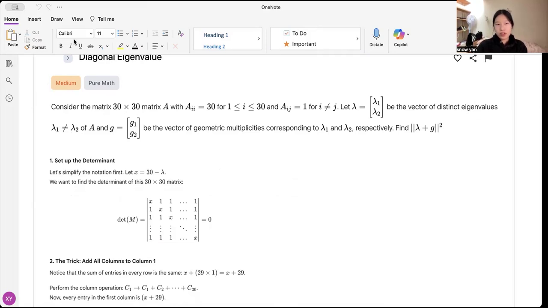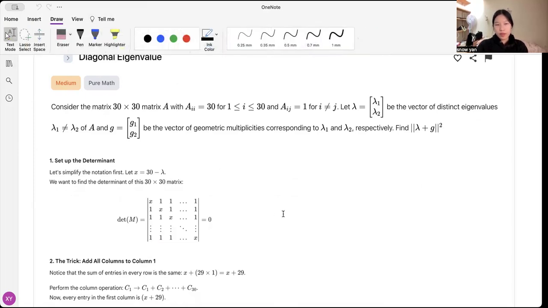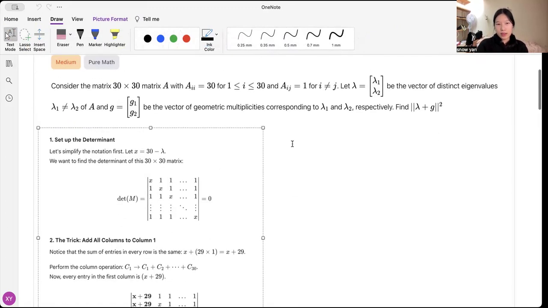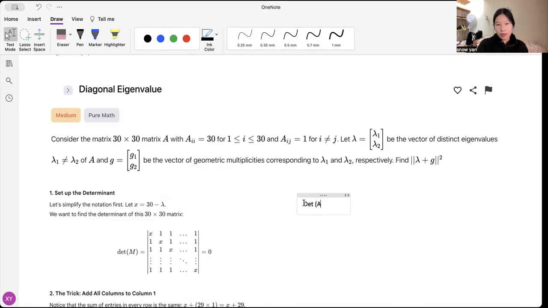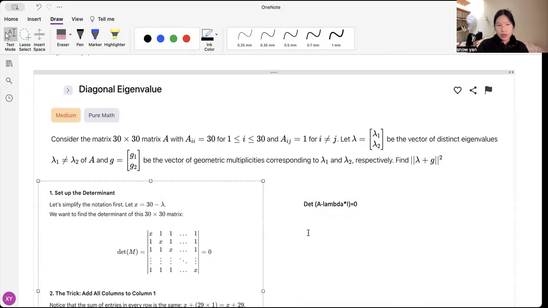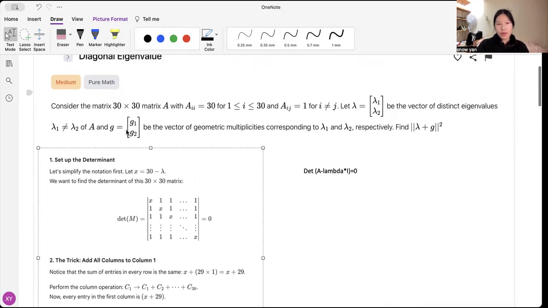My approach is the same as the last video: we use the characteristic equation, determinant of A minus lambda I equals 0. The off-diagonal entries are still 1, and on the diagonals we have all 30s. If we subtract lambda I, the diagonal would be all x's, where x means 30 minus lambda in this case. So we have this expression.